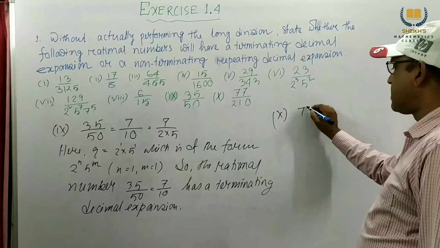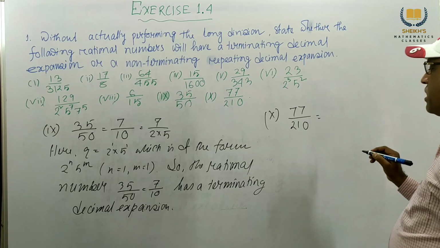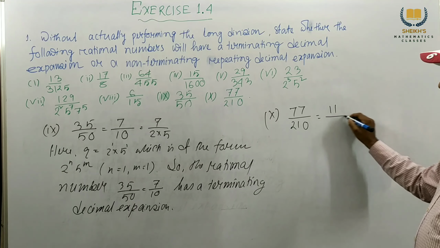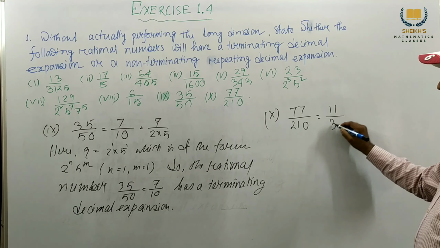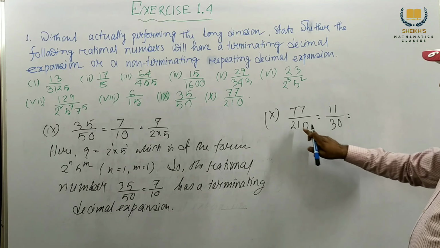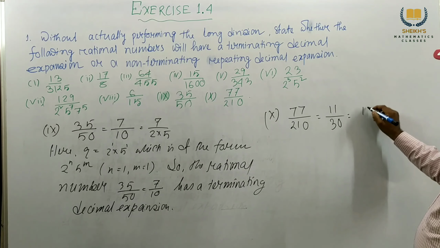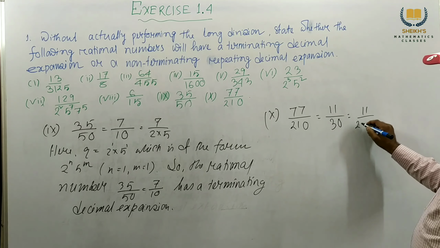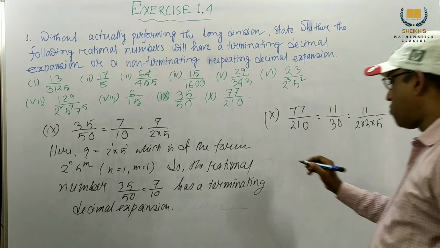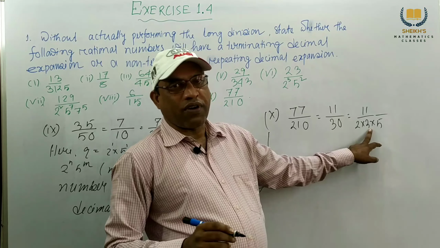Next, number 10 we consider. Given 77 by 210. If we cancel by 7, then 11 by 30. 7 3s are 21. So 11 by 30 means 2 into 3 into 5. So what we get is an extra term 3 in the denominator.